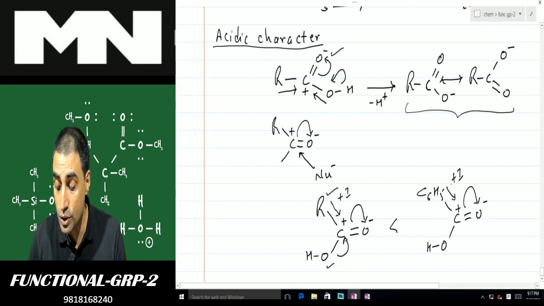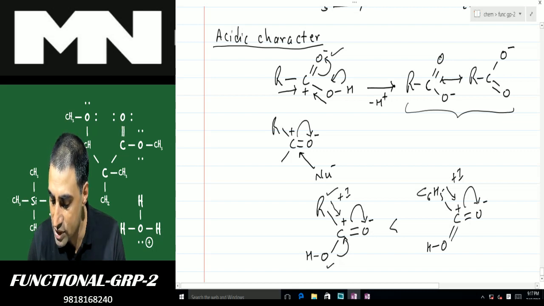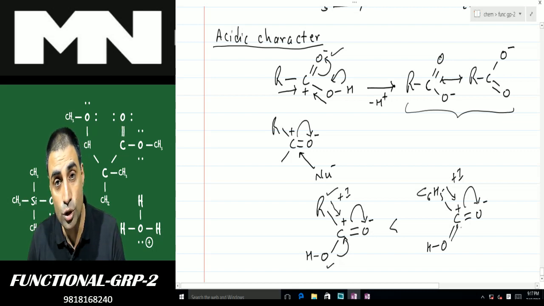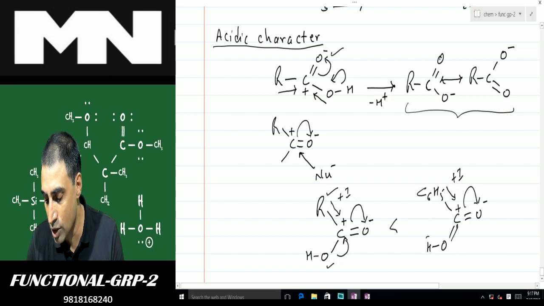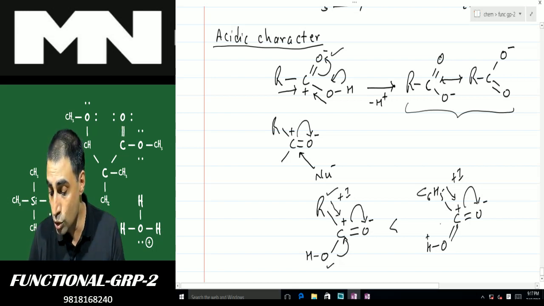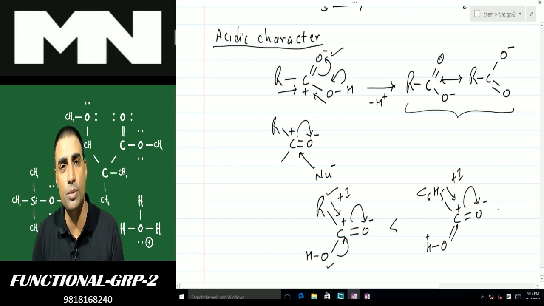Now, when the electron donation is less from benzene, that means the positive charge on the carbocation is stronger. It will withdraw electron from the OH group, leading to the donation of more H positive ions. So the carbocation will withdraw electron from the OH group, and that's why aromatic carboxylic acids are more acidic than aliphatic ones.